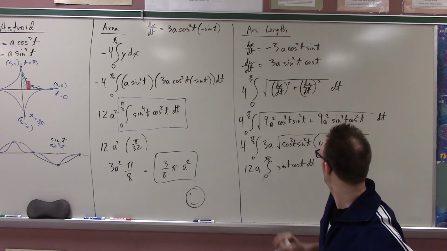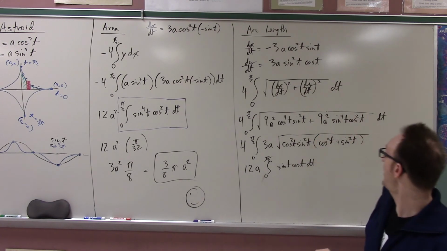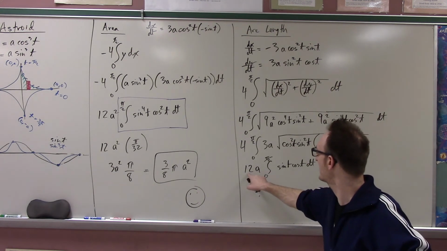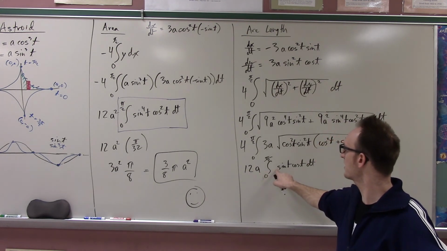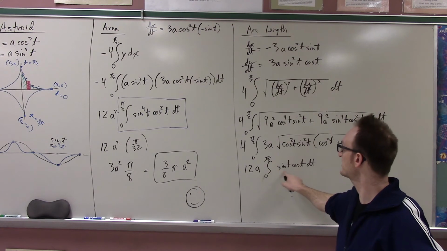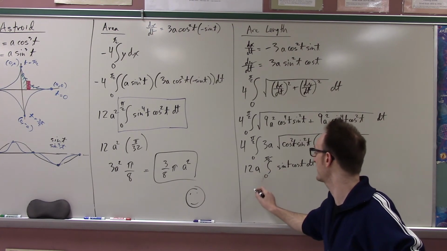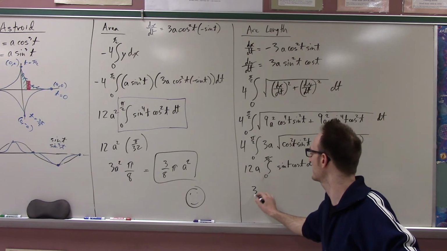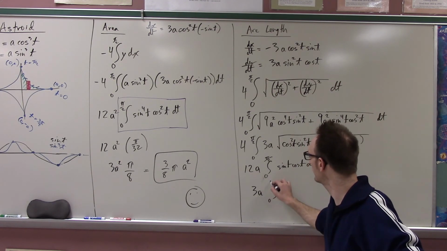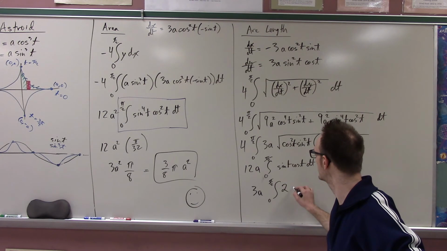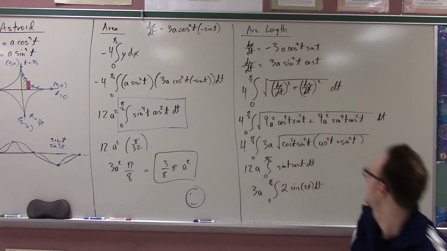And then, okay, finishing this off, I can steal one of these 2's and put it in there, and that makes it 2 sine t cosine t, so that's sine 2t, and then I'll steal one more 2 for chain rule purposes. So really this becomes 3a, integral from 0 to pi over 2 of 2 sine 2t dt.